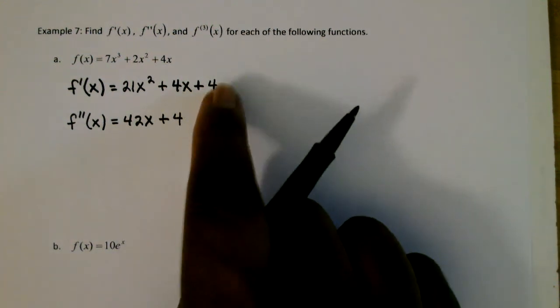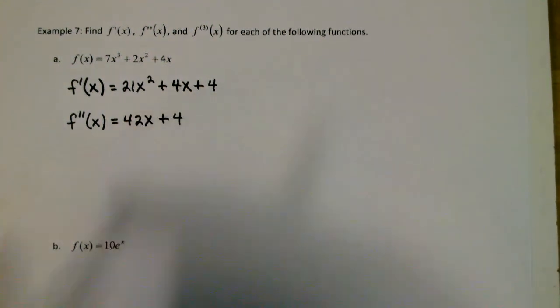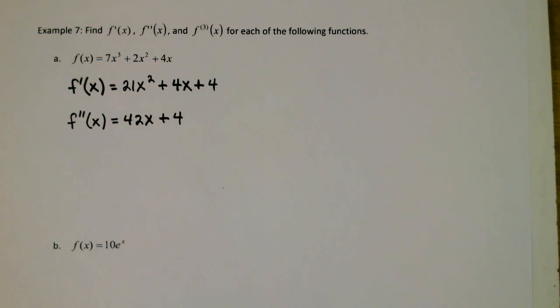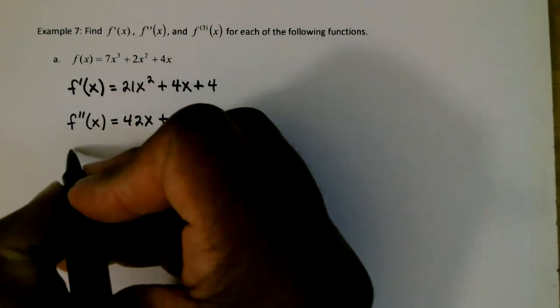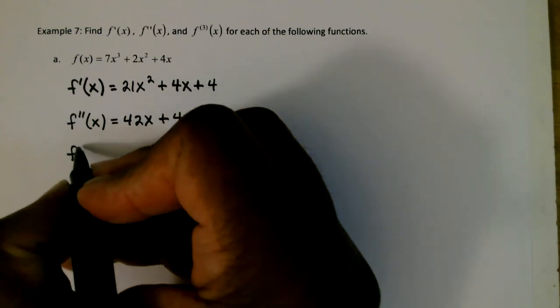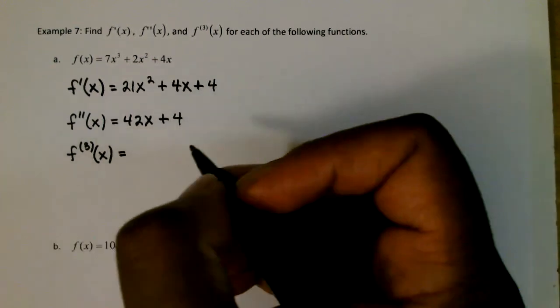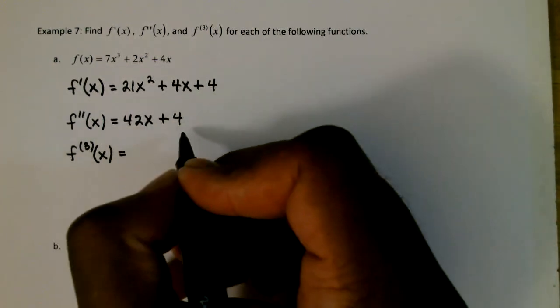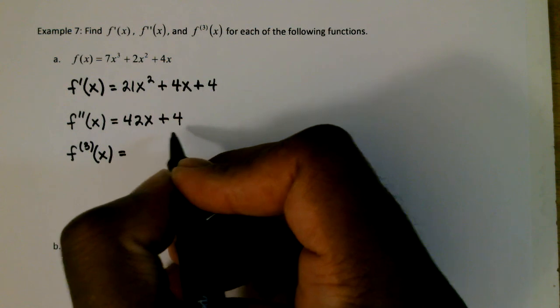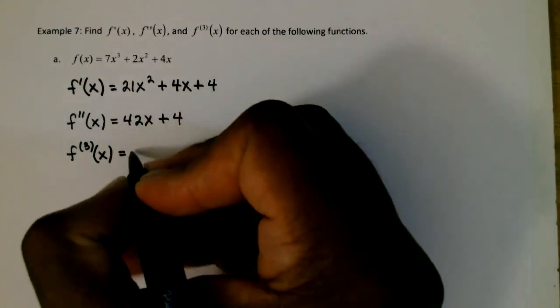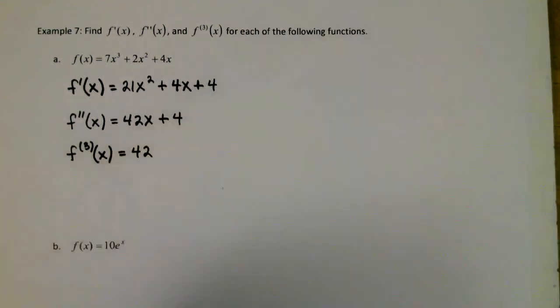And then the derivative of a constant will be 0, so f double prime of x will be 42x plus 4. And then finally, f triple prime of x. If we take the derivative of 42x plus 4, the derivative of 42x would just be 42. The derivative of 4 is 0, because the derivative of a constant is 0. So f triple prime of x ends up being 42.